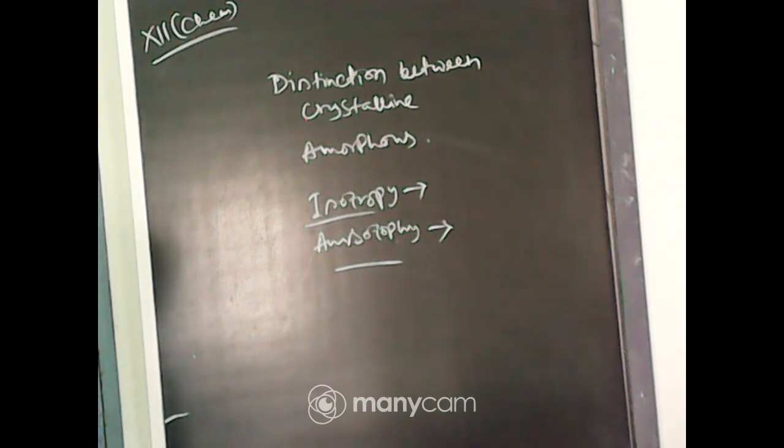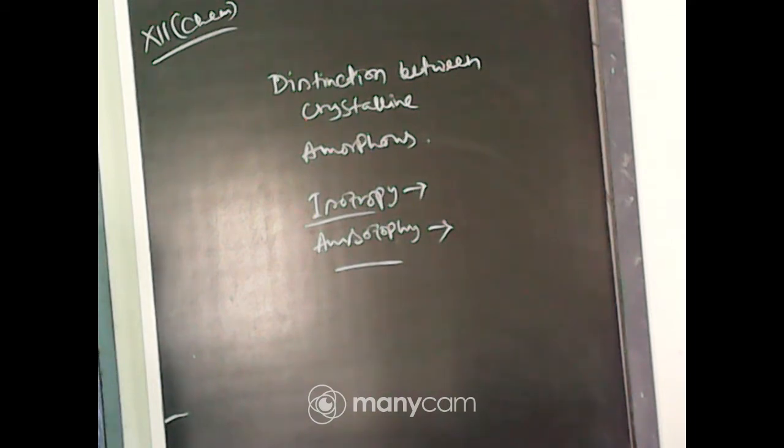And crystalline solids are anisotropic because the measurements are made in different directions. The particles that fall on the way are not the same, as shown.